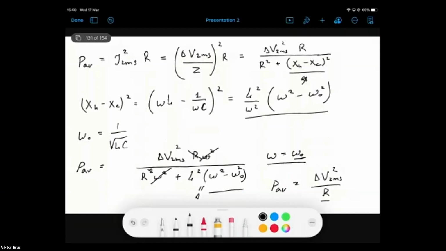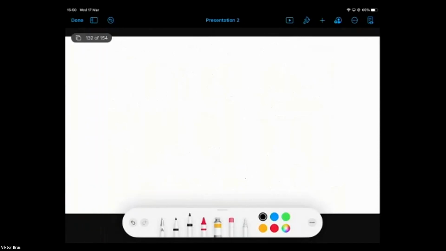So let us come back to the slide, go to another page, and there is a parameter called quality factor, Q, and this is the ratio of resonance frequency, omega naught, to the width of the peak at its half height, delta omega.